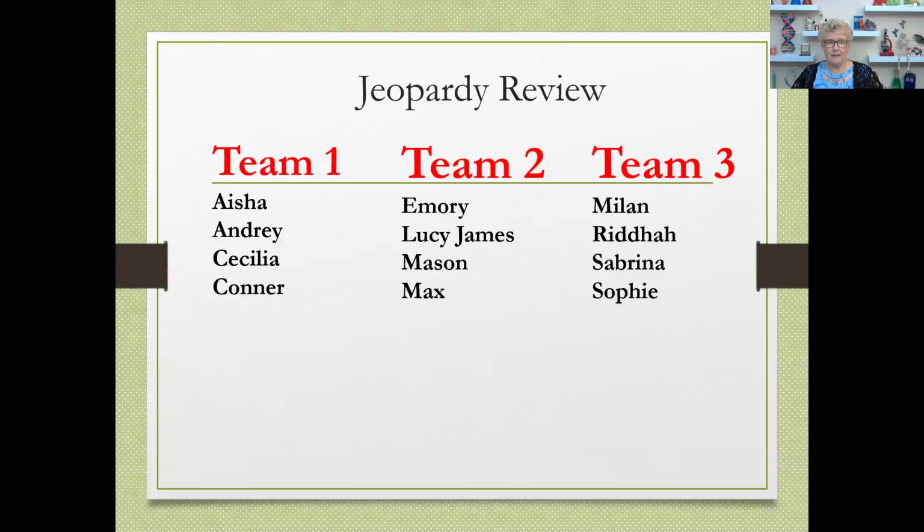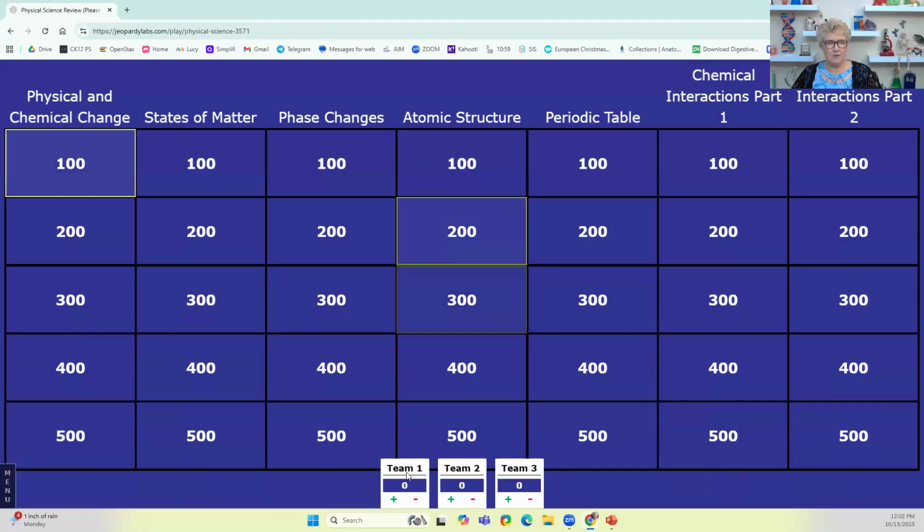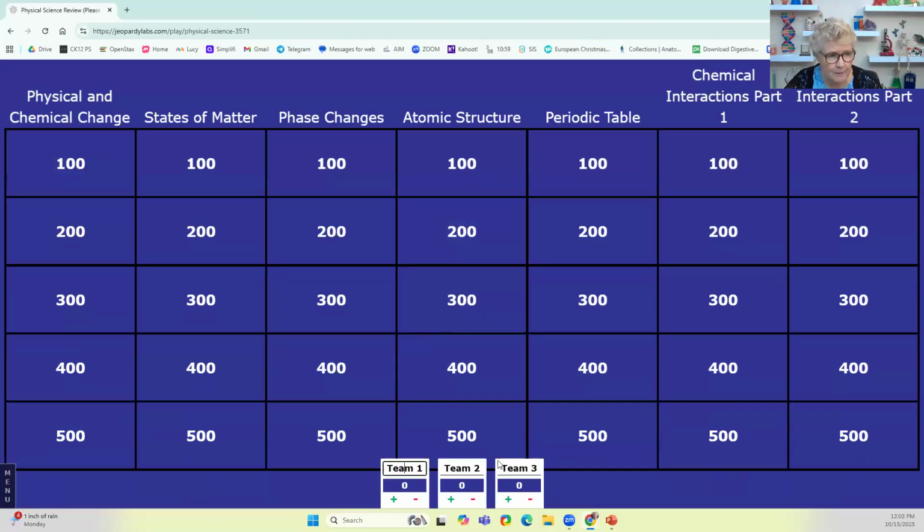So let's see who we've got in class today. Let me pull that over, get that out of your way. Rather than using those teams, I'll just go with what we've got here. I am going to do 3 teams because I think there are going to be some other students who join in, but that'll put 2 or 3 on a team. We'll put Cecilia, Maxwell, Mason on one.